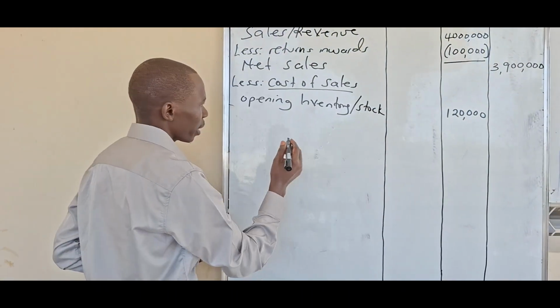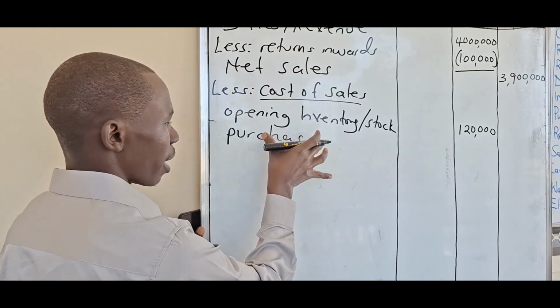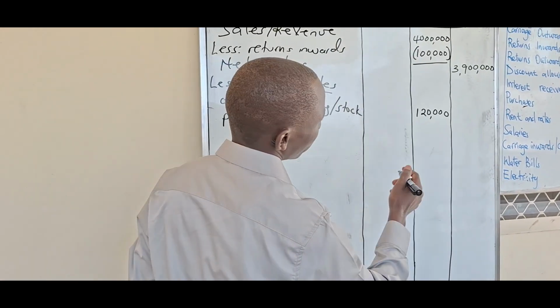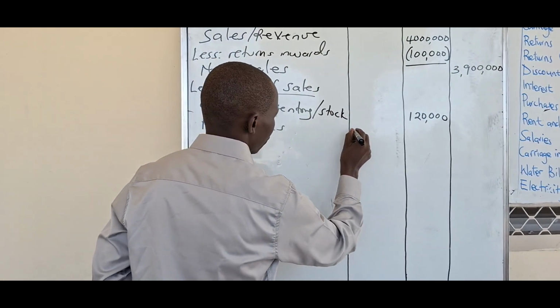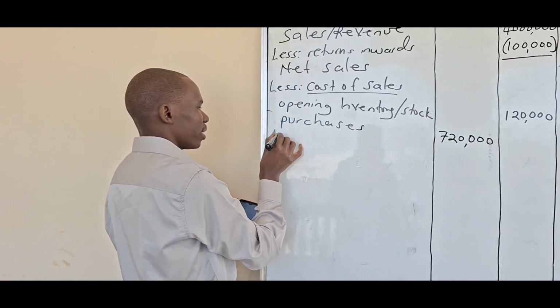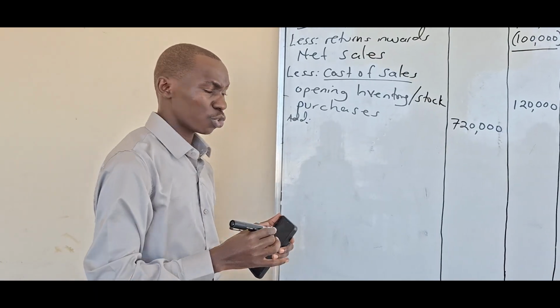Now, how do you do that? You start by listing the purchases. I'm trying to determine the net purchases, anything related to purchases. Bring our purchases here, it is 720,000. We can add carriage inward, that is transporting goods to your business.